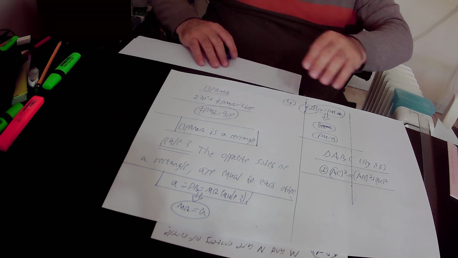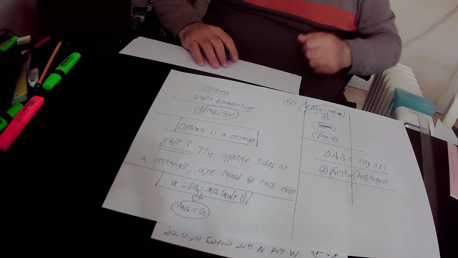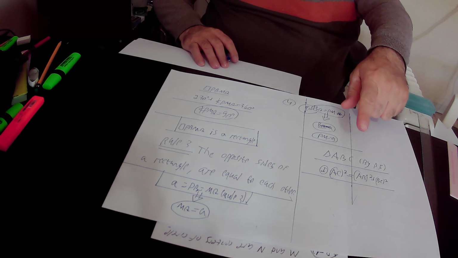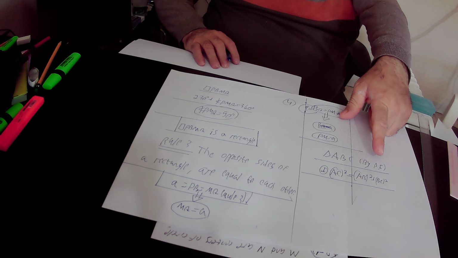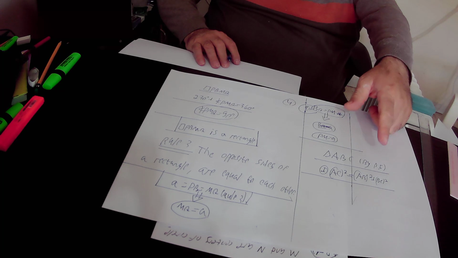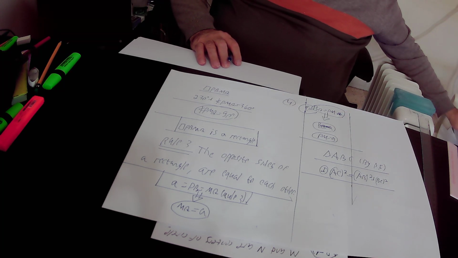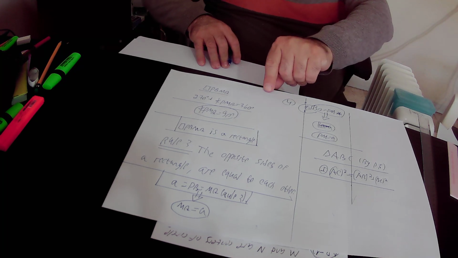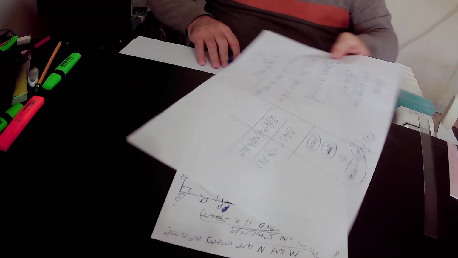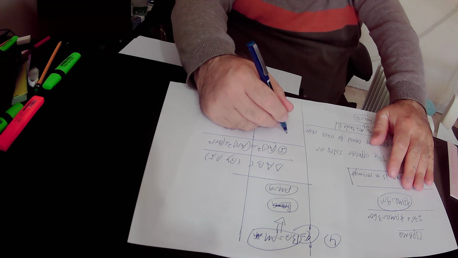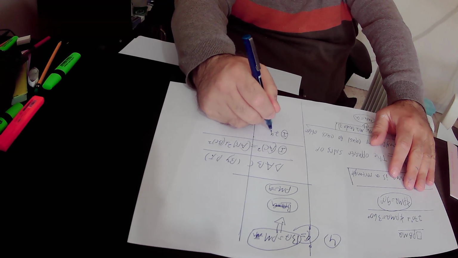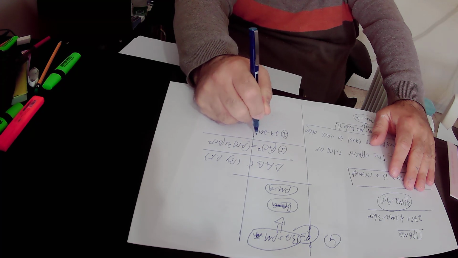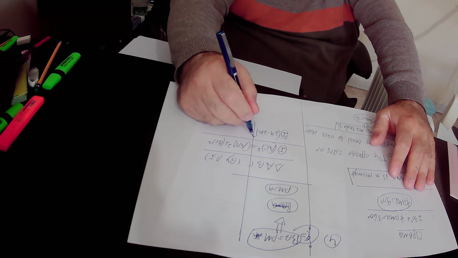Let me repeat again. In the right triangle ABC, the square of the hypotenuse must be equal to the sum of the squares of the perpendiculars. That is to say, AC squared must be equal to AB squared plus BC squared. We have already found out that AC equals 24 minus 2A, so we substitute AC by 24 minus 2A. AC squared is (24 minus 2A) squared.